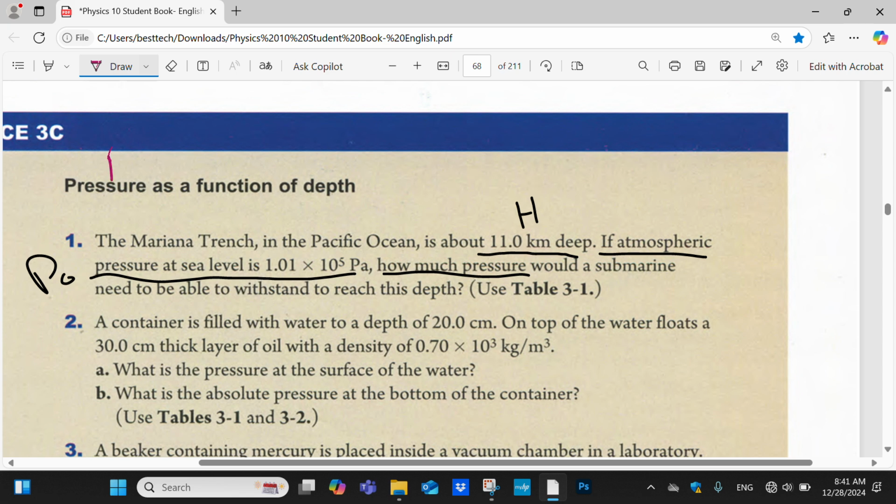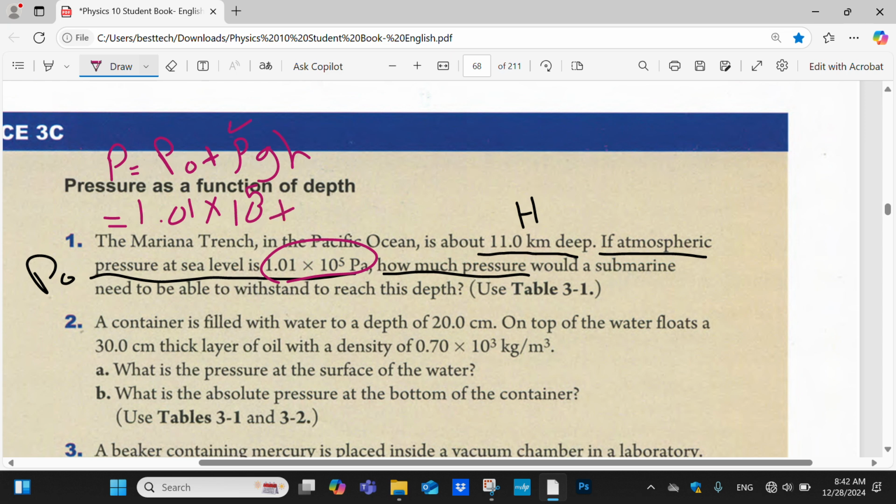Again, the rule: P equals P naught plus rho gh. The atmospheric pressure is 1.01 times 10 power 5, plus the density.